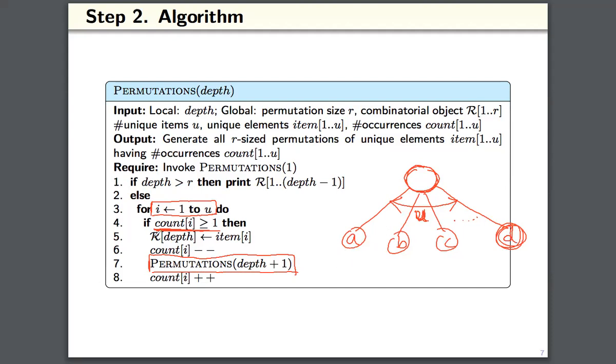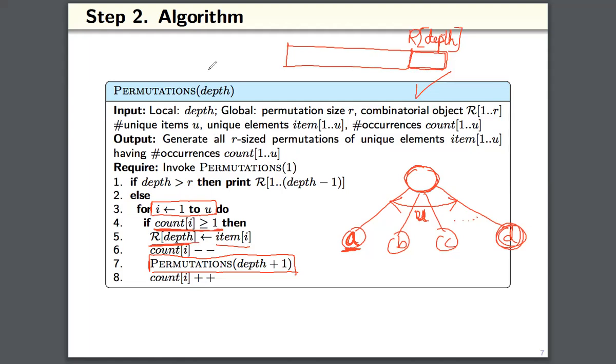For I is equal to 1 to u, if count of I is greater than or equal to 1, that means the number of instances of A is at least 1. If it is at least 1, what do you do? Add this item of I. So add A. Suppose you want to add at this cell, R of depth. So you're computing this cell, R of depth.